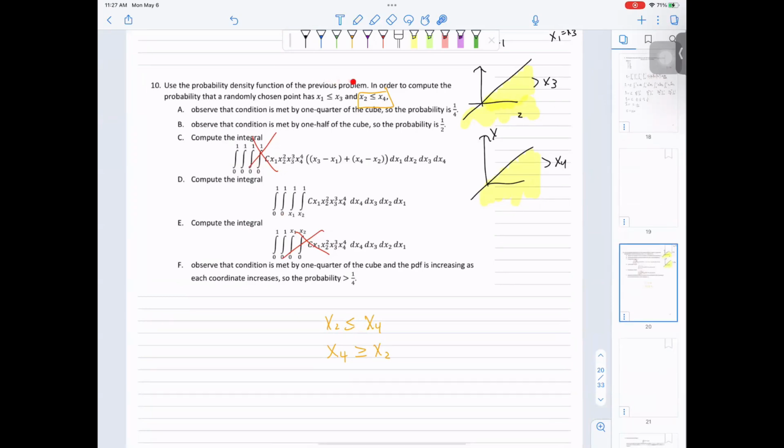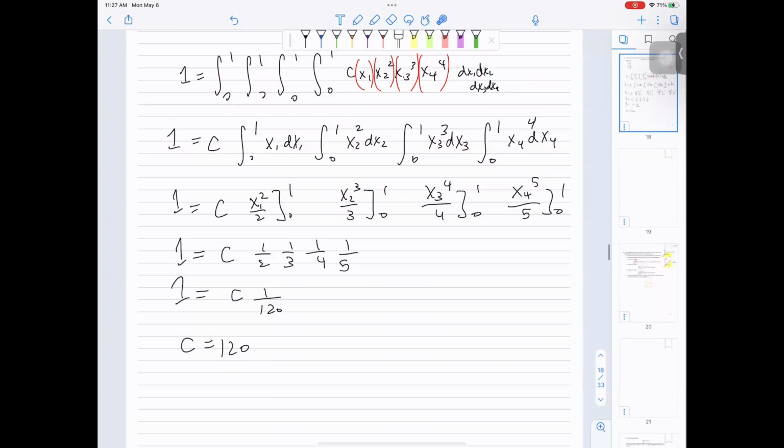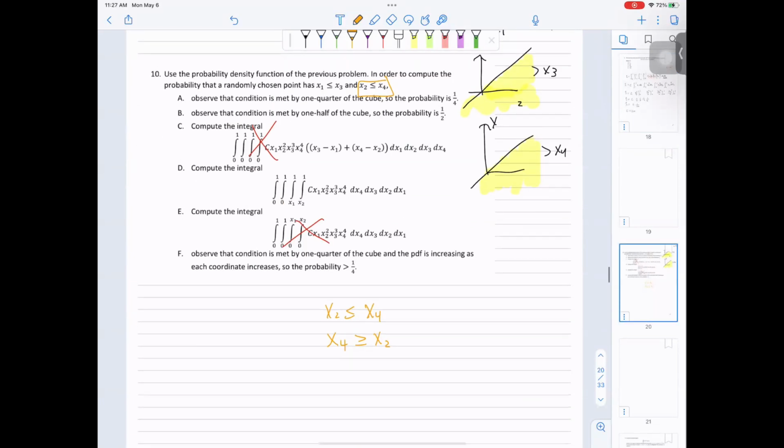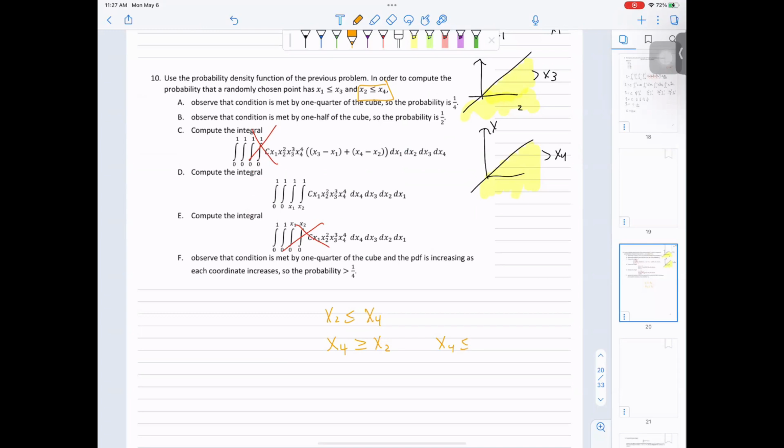We use the probability density from the previous problem, which had a cube, right? So no matter what, we're always bounded by 1. So x4 has to be less than or equal to 1. In other words, x4 has to be greater than x2 and less than 1. This is where x4 lives, so it makes sense that x2 is the lower bound and 1 is the upper bound. That's good.